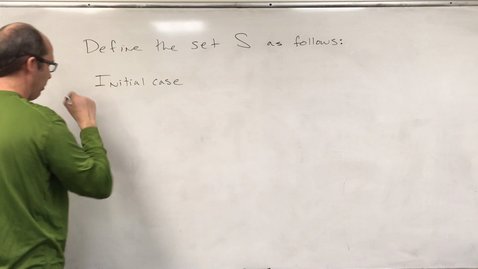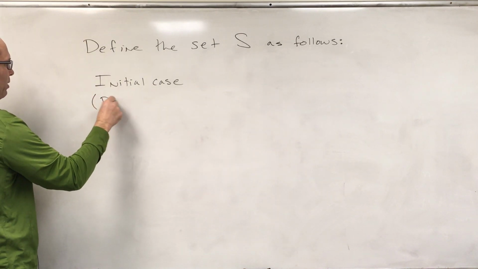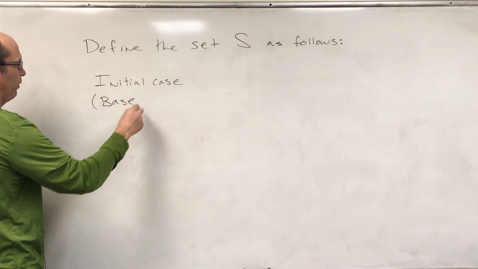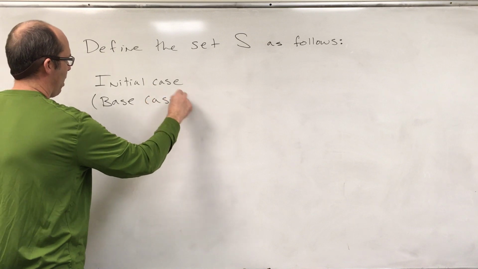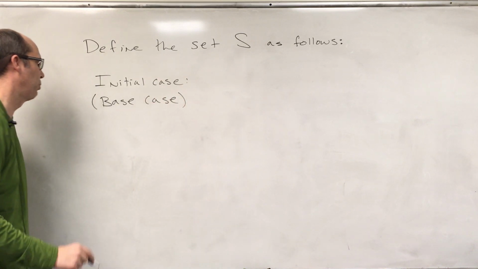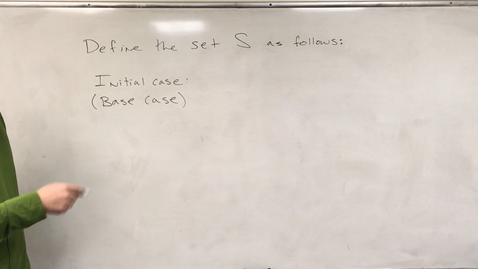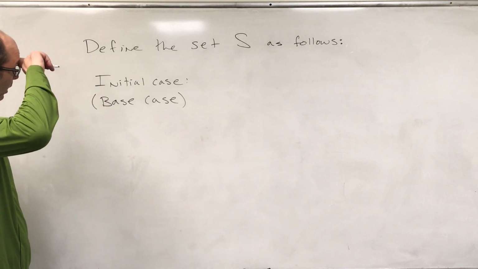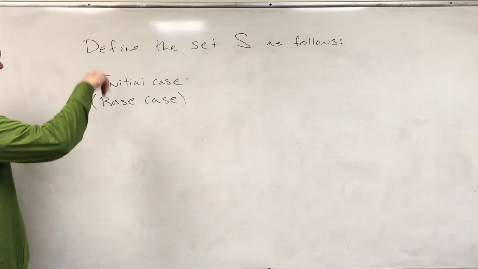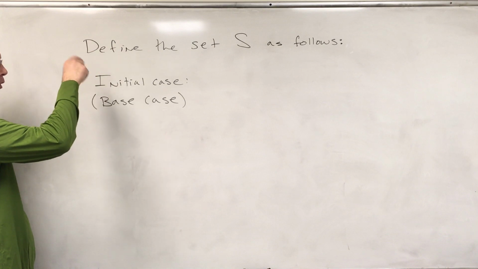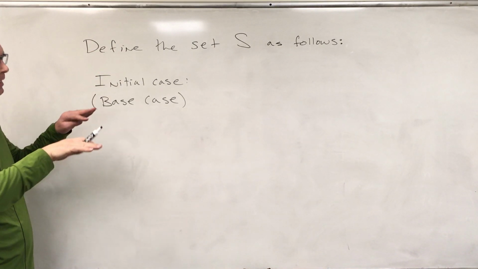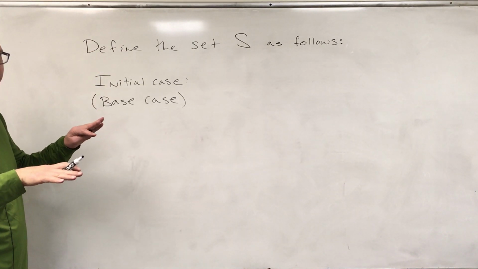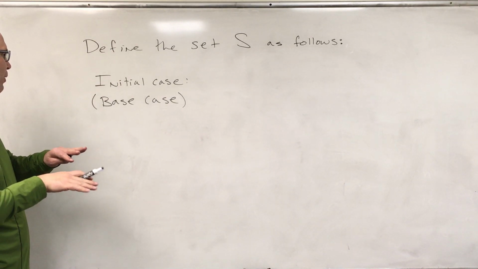This is what the Xi book calls the base case. Now, I feel like this is the worst possible thing to call it because we already have a base case. Base case is for induction. I don't know why they would call two very important things that are not really the same thing.